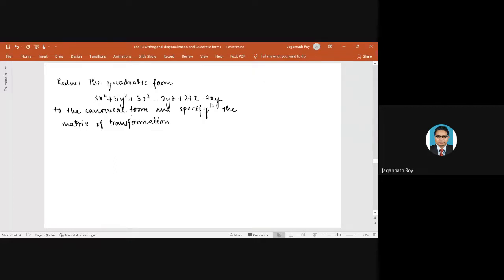Now, let us look at one example. Suppose the quadratic form Q is given as 3x square plus 5y square plus 3z square minus 2yz plus 2zx minus 2xy.